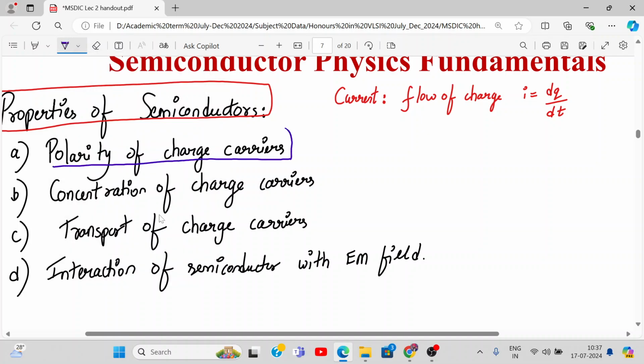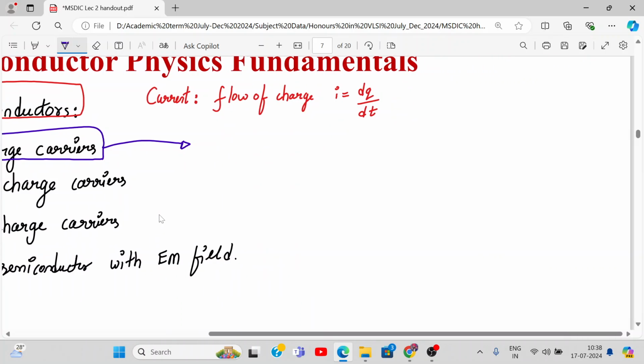Let's talk about this point. What do you mean by polarity of charge carriers? In metals, we have only negatively charged carriers, electrons, correct? Electrons are negatively charged carriers.